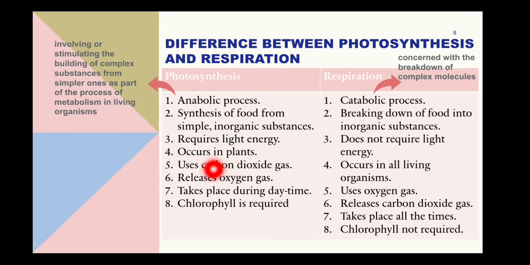Number 4, photosynthesis occurs in plants, and respiration occurs in all living organisms, in plants as well as animals. Number 5, it uses carbon dioxide gas, whereas in respiration, oxygen is used. And in the process of photosynthesis, oxygen is released, whereas in the process of respiration, carbon dioxide gas is released.